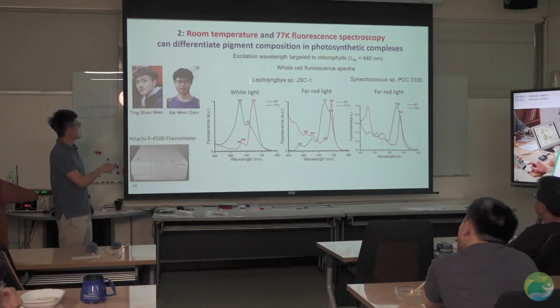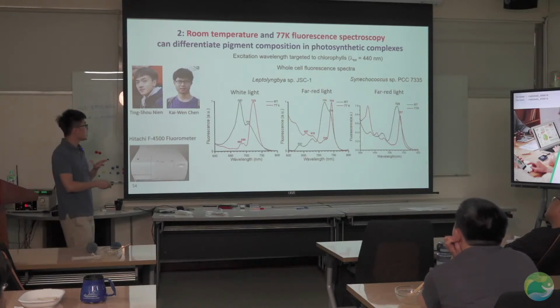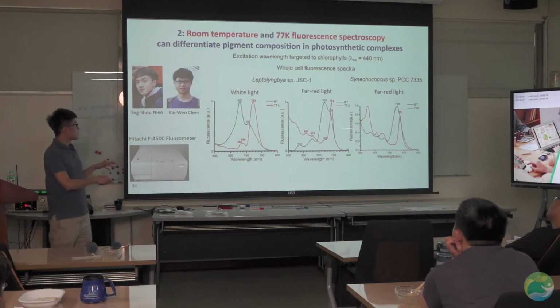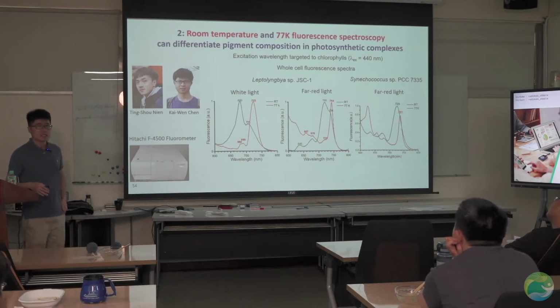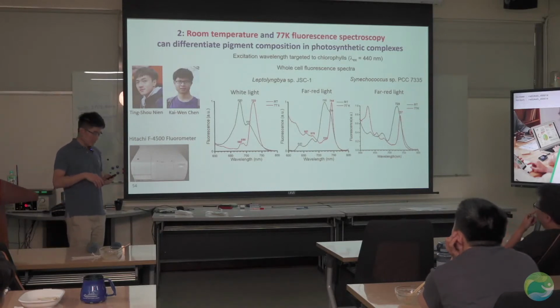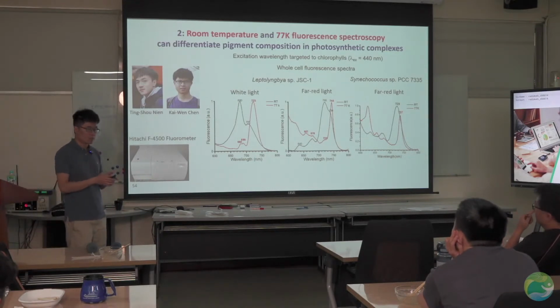But using room temperature fluorescence, you only see a bulk fluorescence coming out from chlorophyll A, and this one is from chlorophyll F. So with these two techniques complementing each other, we can know more about the composition of the pigments in the cells, how they bind to different photosynthetic complexes, and how that changes the fluorescence properties of them.